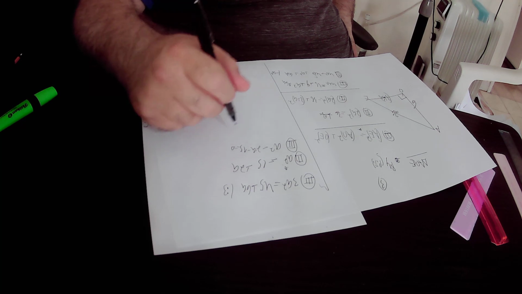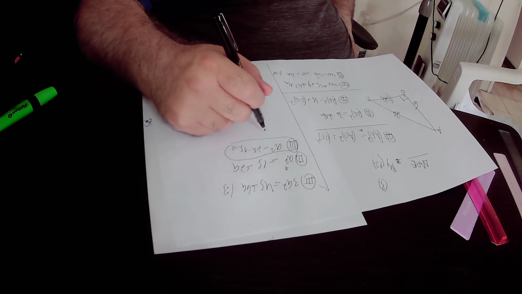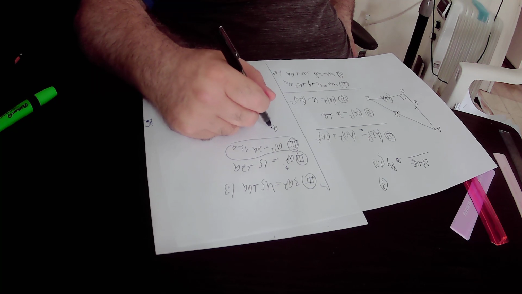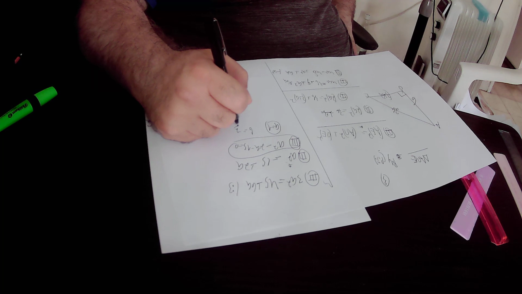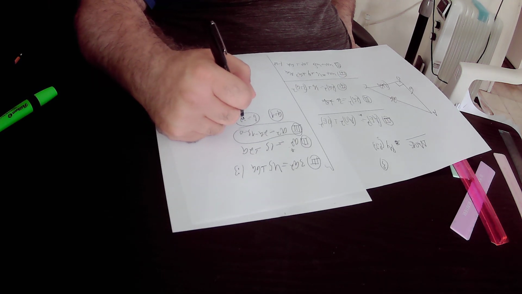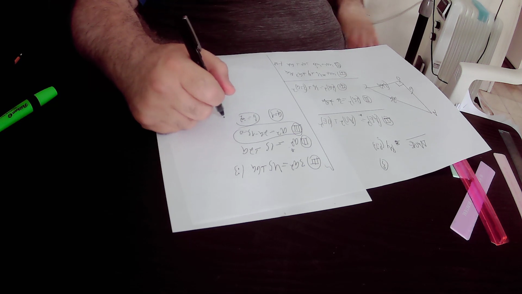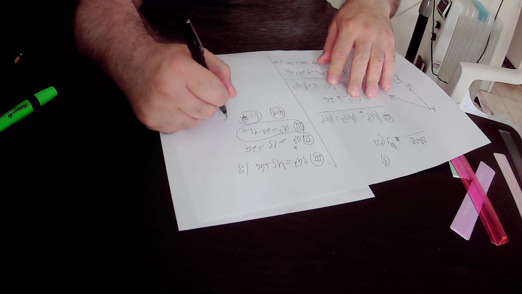Okay, so we have here a quadratic equation. In this quadratic equation, the coefficient a equals 1, the coefficient b equals minus 2, and the coefficient c equals minus 15.